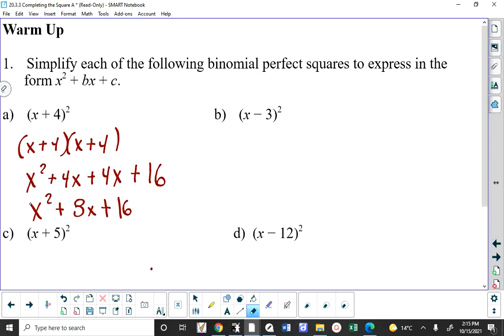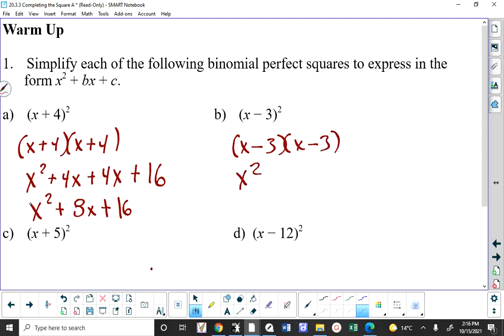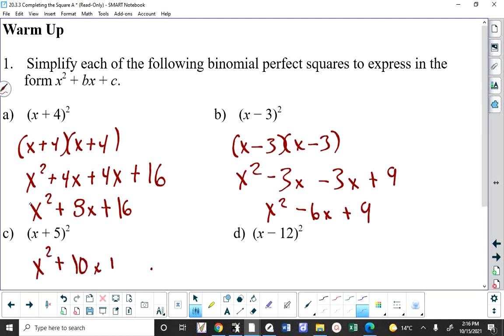I suspect that many of you don't need to write all these steps. It's grade 9, multiplying binomials.